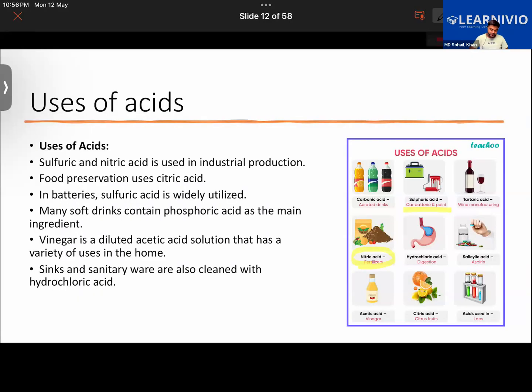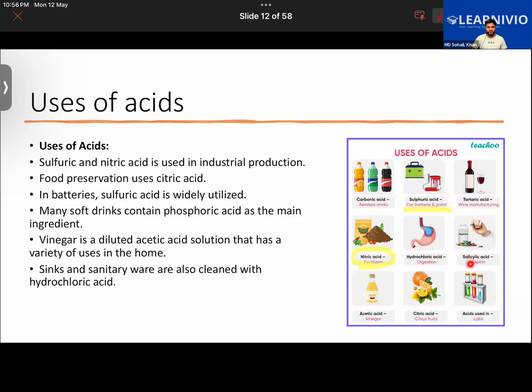Then there are different uses of acids in our daily life. For example, sulfuric acid is used in batteries and in the manufacturing of paint. Carbonic acid is used in aerated drinks. Nitric acid is used in the manufacturing of fertilizers. Hydrochloric acid is helpful in digestion.